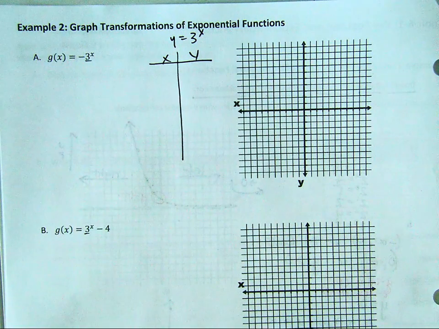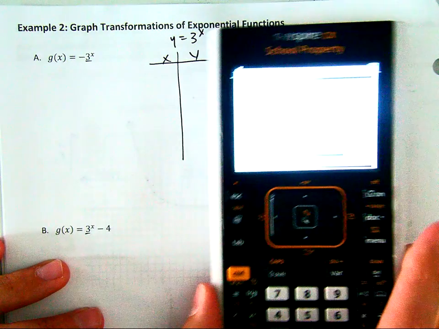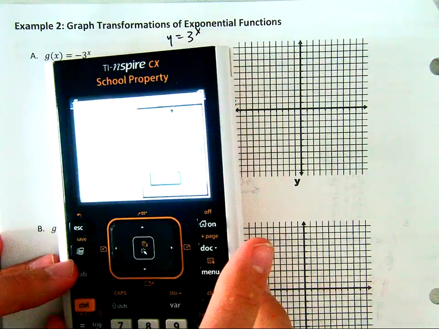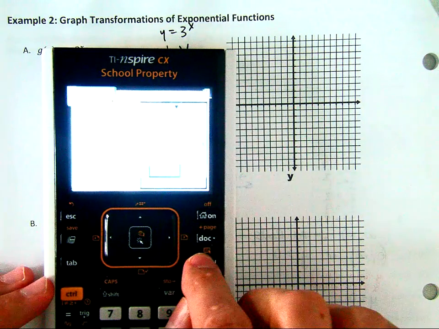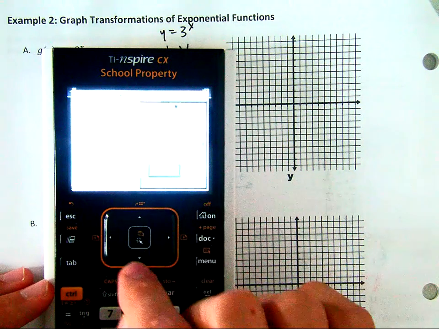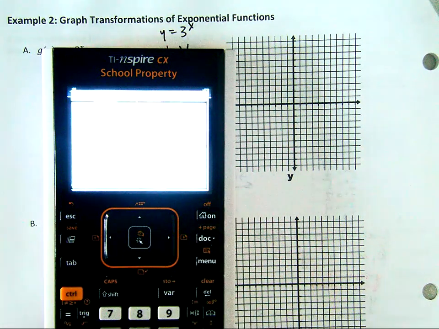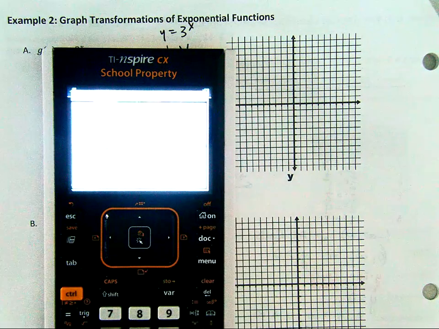So I want to show you, if you look at a calculator, one of the things that we can do is pull up a graph. Okay, if you put the graph in the calculator, you can look at the table of values and it will give you all of those values.